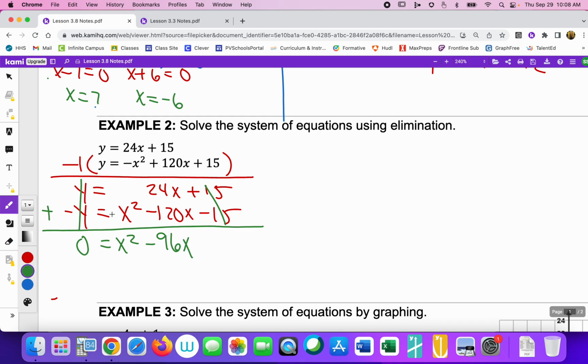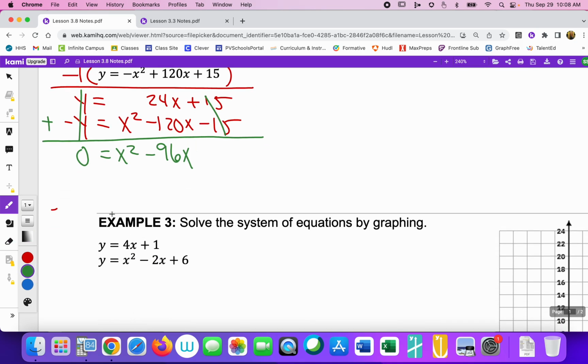Okay. Now, since it's equal to 0, I can use the quadratic formula, or I can factor. As review, how do you factor that? Is that a difference of squares? 96 is not a perfect square. So what do we do? We always do GCF first. Everyone forgets that for some reason. Okay. What's the GCF?